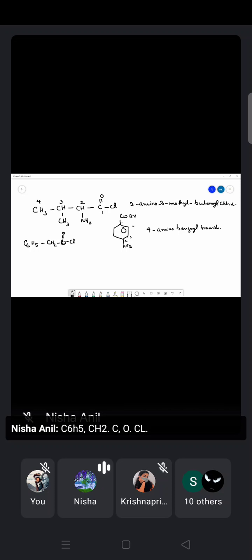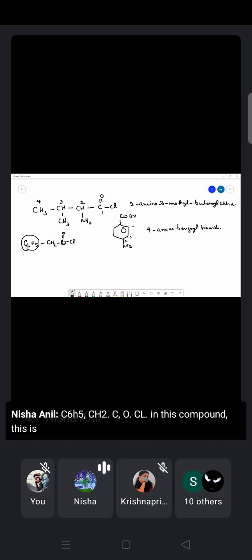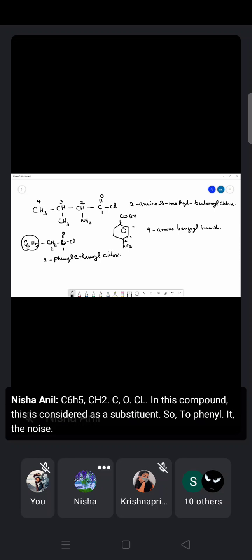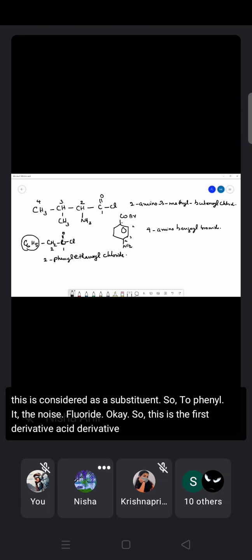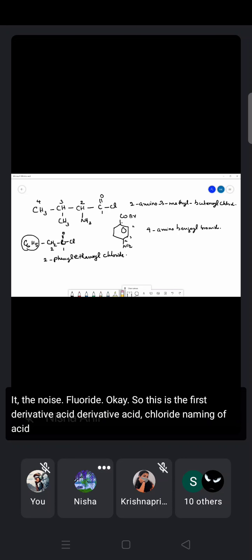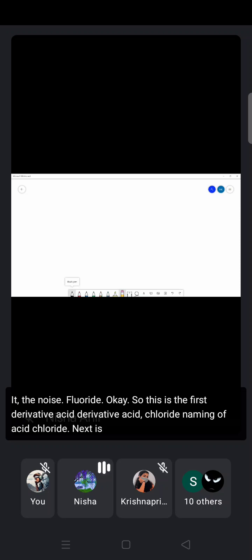In this compound, the phenyl is considered as a substituent. So 2-phenyl ethanoyl chloride. Okay. So this is the first derivative, acid chloride, naming of acid chlorides. Next is acid anhydrides.